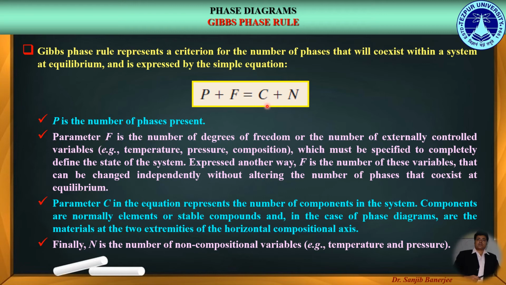Finally, N is the number of non-compositional variables, example like temperature and pressure. Thus, this Gibbs phase rule is valid and applicable at any point of a phase diagram.